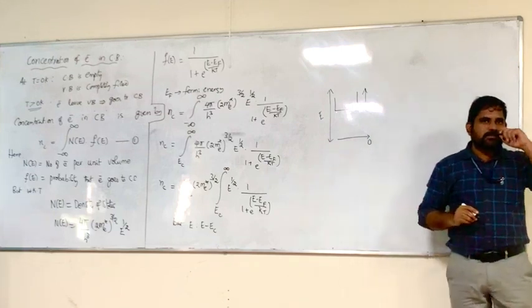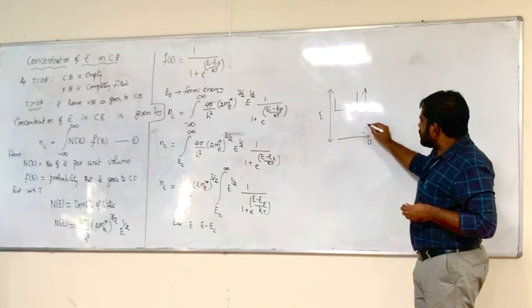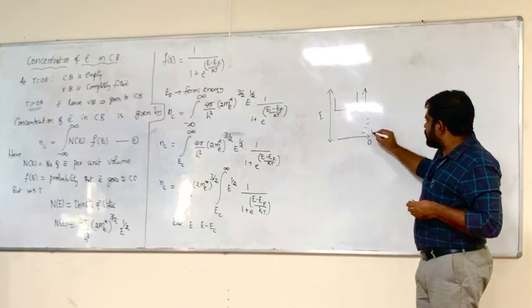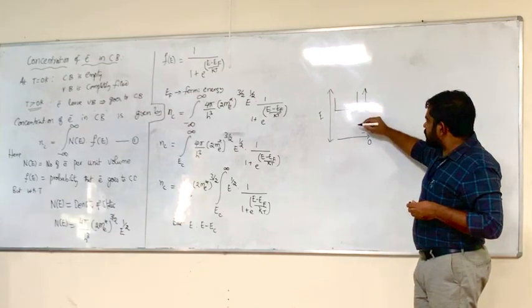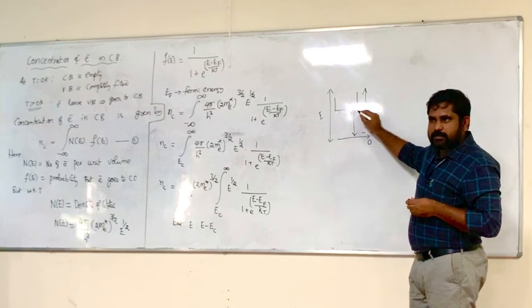Suppose this is my zeroth energy. I am taking first, second, third, fourth, E1, E2, E3, like that, till EC. 0 to EC, I went.